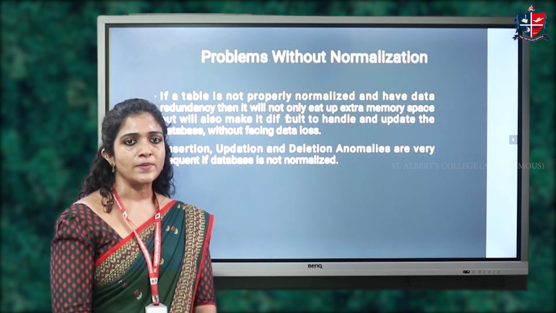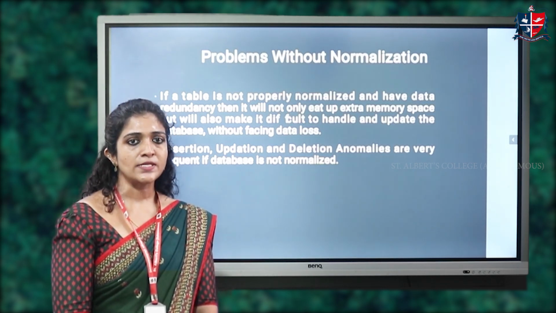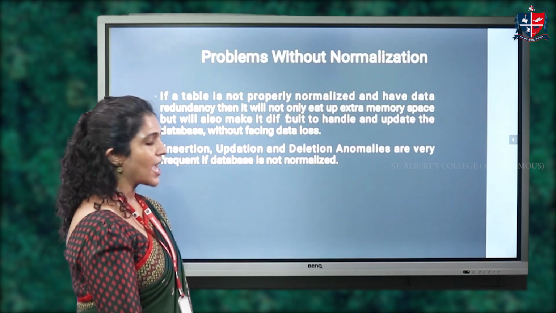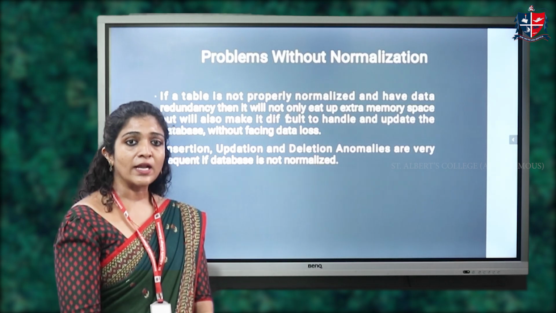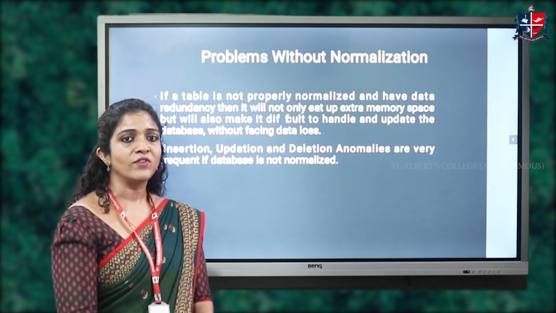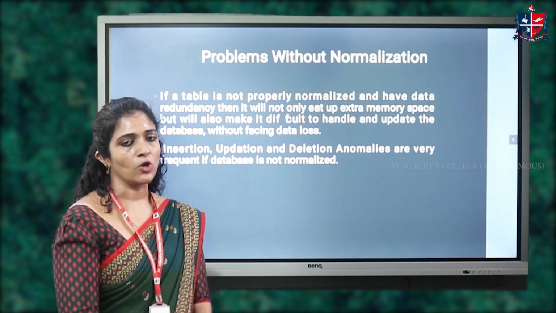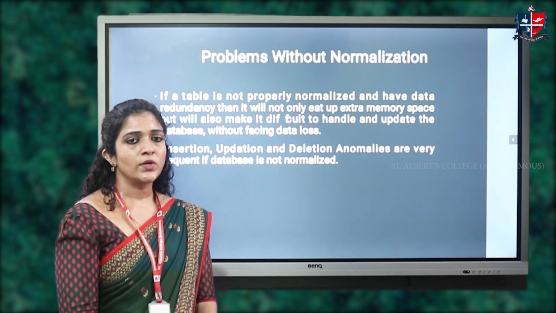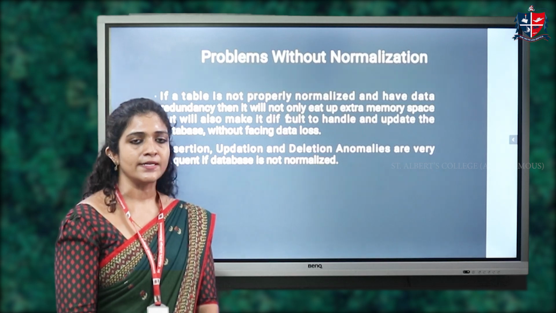The first problem is that it will use extra memory space, which is a resource, and in addition, it will make it difficult for the database to handle. That means the data stored in the database will have different problems like update anomaly, deletion anomaly, and insertion anomaly, and this will lead to data loss also. It is an undesirable scenario where data loss happens in a database.